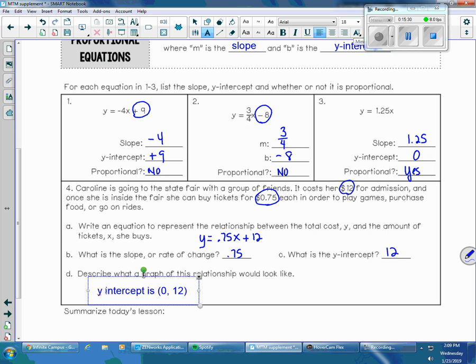It's going to be a straight line graph, and my slope is going to be 3/4, which is 0.75. Hopefully you know that if I've got 75 cents, I've got 3/4 of a dollar. Okay? So that's what the graph would look like.